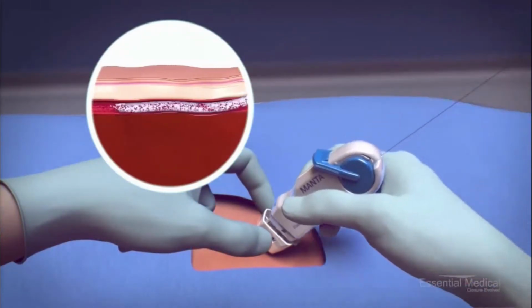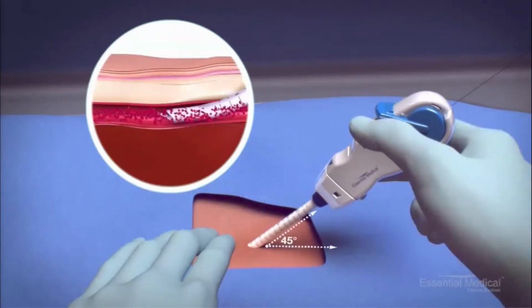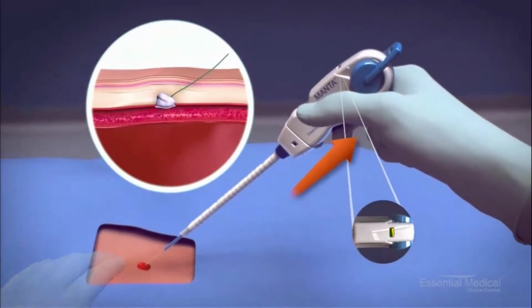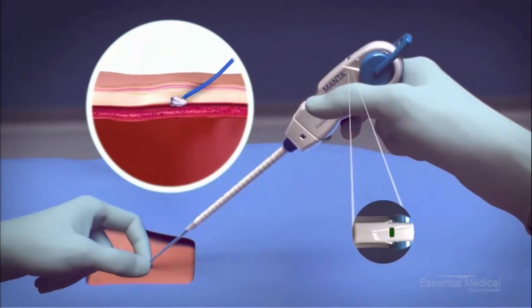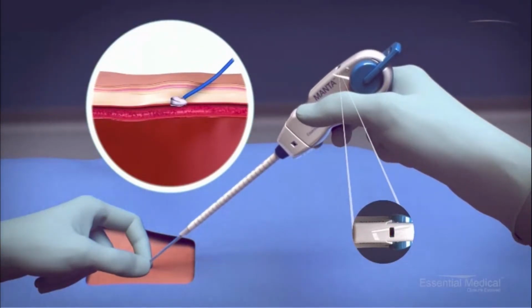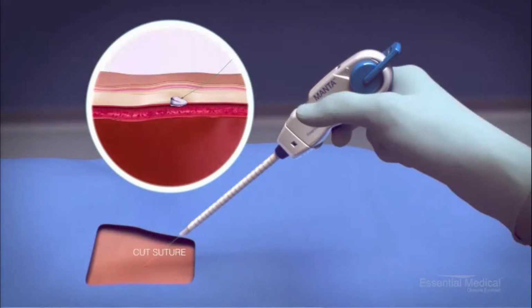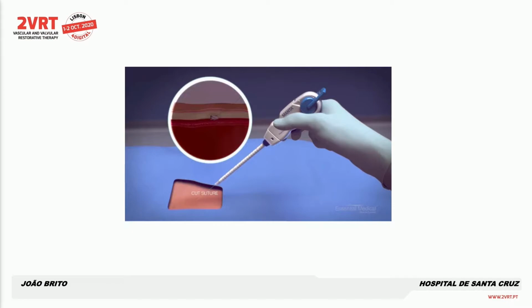Then we introduce the Manta closure. We rotate that lever at the deployment depth that will release the toggle, and then we'll tamp the collagen pad with that blue tube, and we assess the hemostasis, if it is safe and no bleeding. It is really very quick.